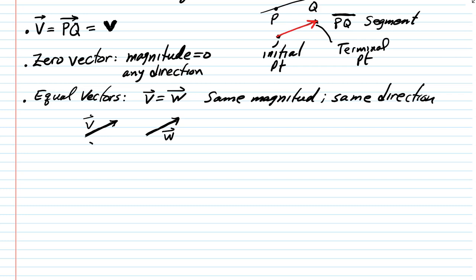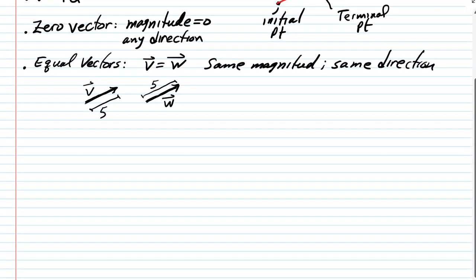So if the magnitude of this vector is, let's say, 5, so is the magnitude of this vector. In other words, they're a carbon copy of each other, except they're allowed to be located elsewhere on the plane. They don't have to go from the same initial point to the same terminal point at the same location. They could be located elsewhere on the plane.